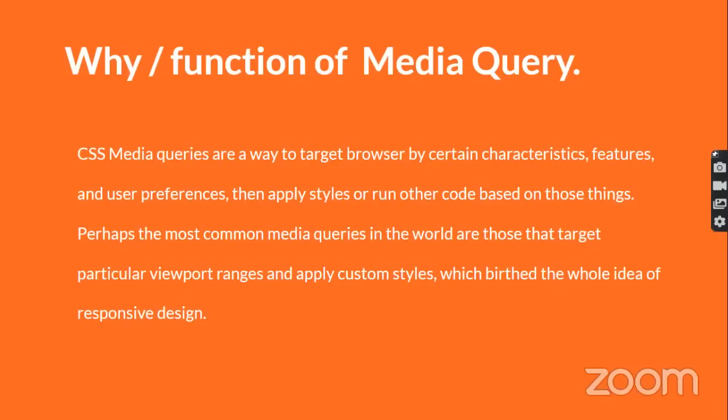Perhaps the most common media queries in the world are those that target particular viewport ranges and apply custom styles, which bettered the whole idea of responsive design. When responsive design came, they said we can actually use media query to do responsive design instead of just using media query to style.